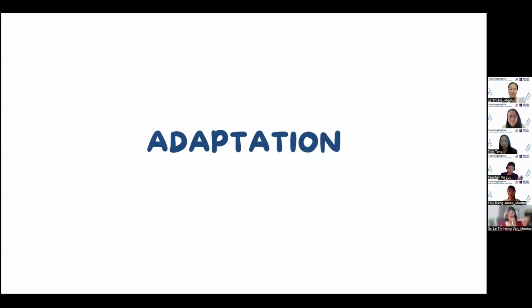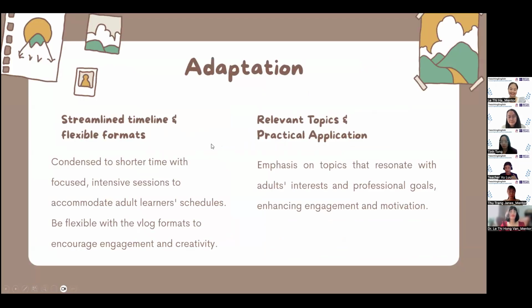As said, while having the project deployed for the whole semester in 15 weeks for school settings, you can use this in different settings, different contexts, and be aware of the timelines and flexible formats, so our students can be more engaged in the projects.